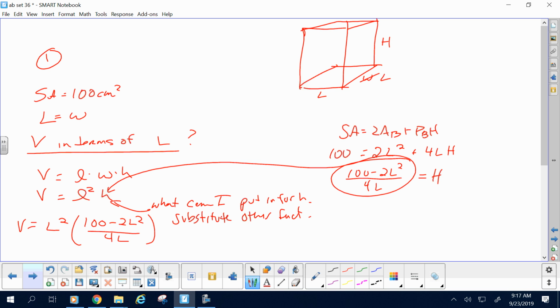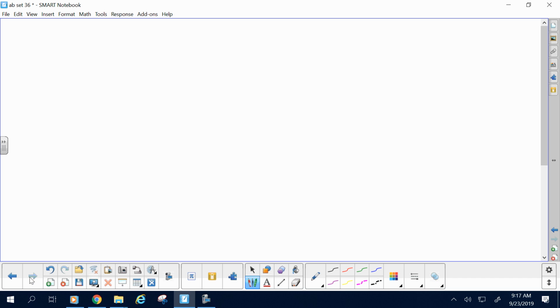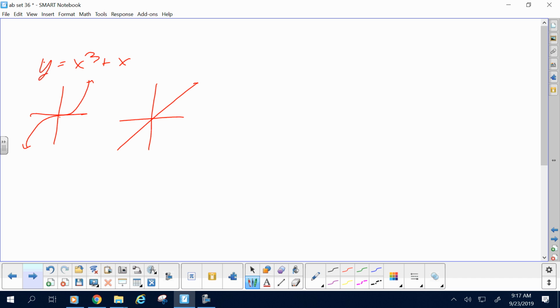Okay, 16. So let's go here. Y equals x cubed plus x. Don't you agree that x cubed looks like this by itself without the x there? And it wants to have a flat spot, but it grows and grows. X doesn't even want to have a flat spot.